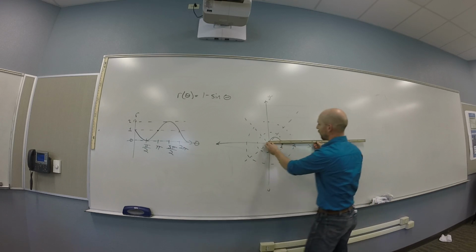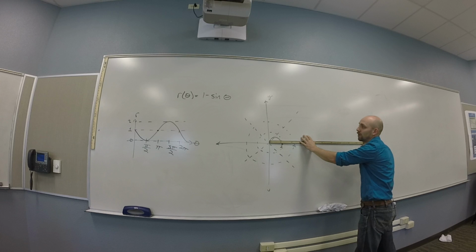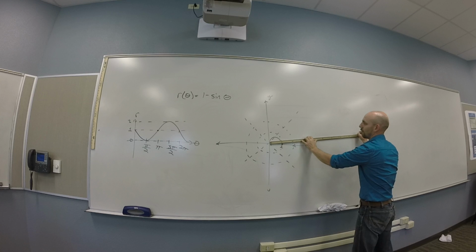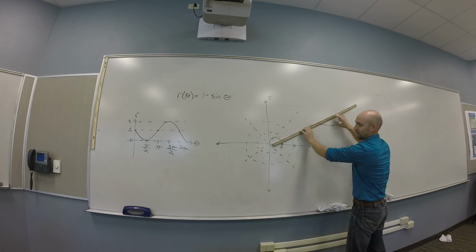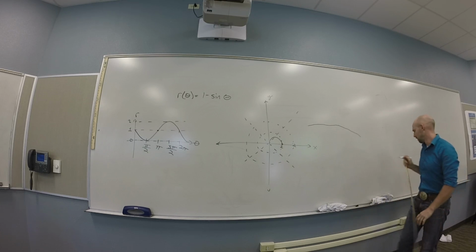So, big version, right? As I go from angle of 0 to angle of pi over 2, my radius is going to come in, right? So I'm going to kind of cheat this and draw it huge. So, as we go up, right? Like this is obviously not working well, but that's basically the idea.